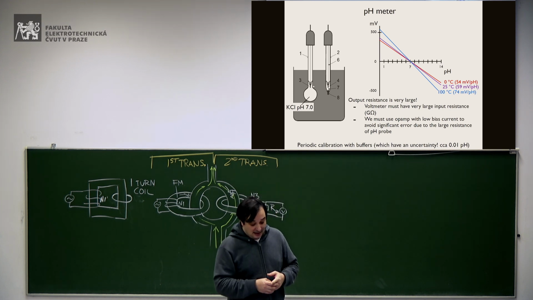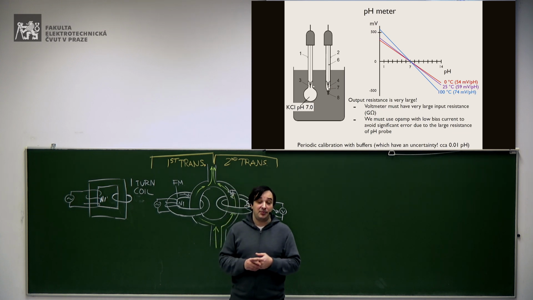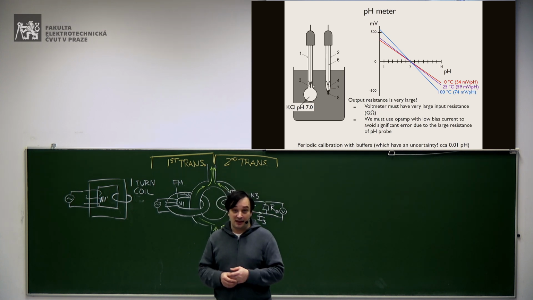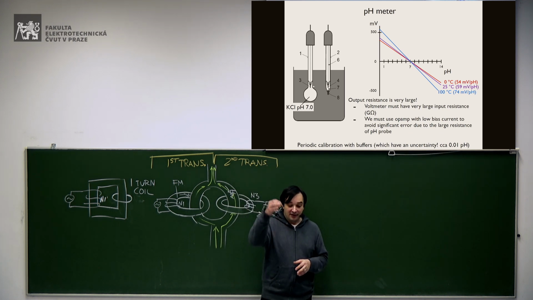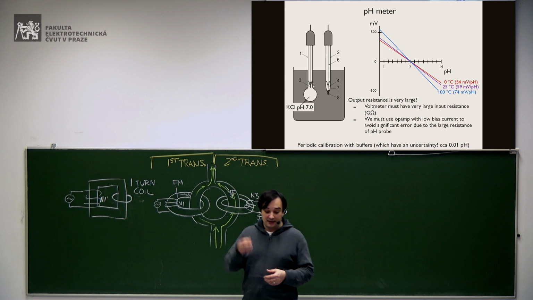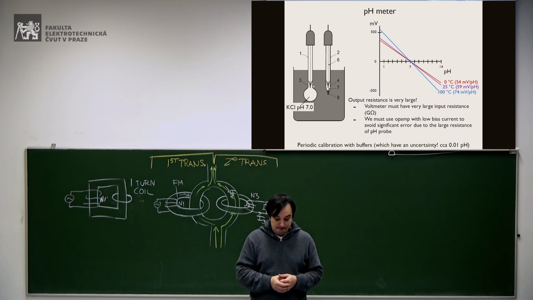And inside I have a solution which has potassium chloride at pH 7. So it's calibrated to have pH 7 inside. And you have an electrode of silver chloride inside this bulb, okay?